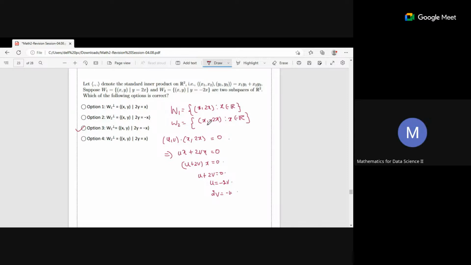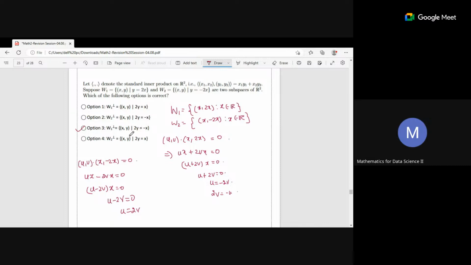For W2, you take this element and take the inner product with an arbitrary vector (x, -2x). Now what is this giving you? ux minus 2vx is 0. So (u minus 2v) times x is 0. It means u minus 2v is 0.